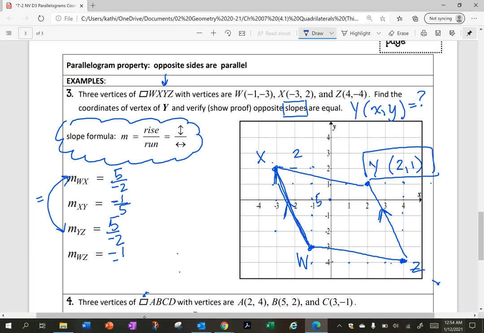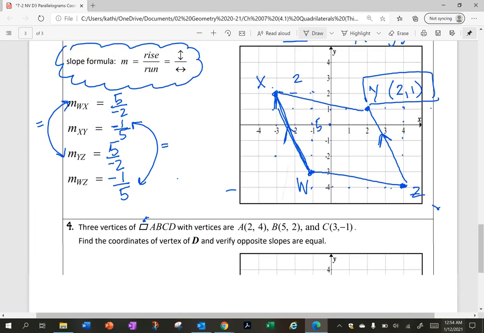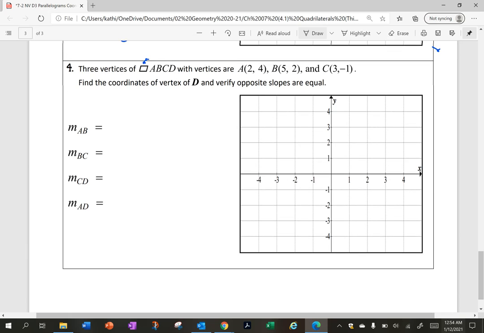So down 1 and to the right 5. So these two are equal. So that's my proof. By definition, a parallelogram is a quadrilateral with opposite sides that are parallel. All right, I'll let you try the next one. Can you pause the video, answer the questions, and then check and see how you did?